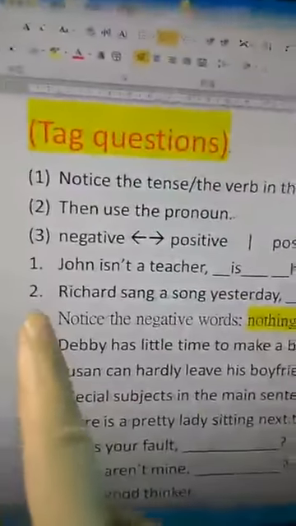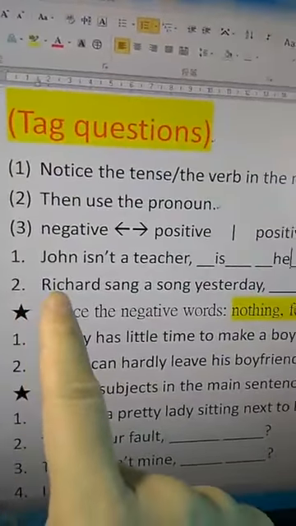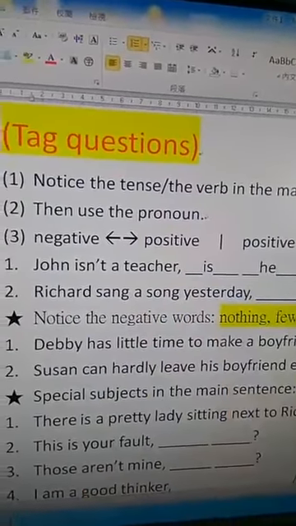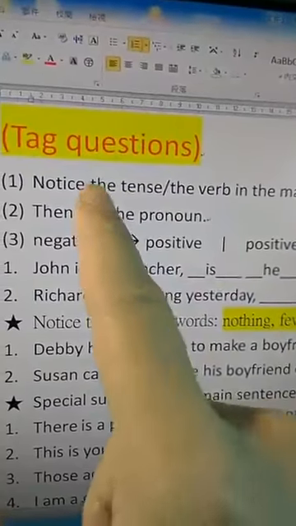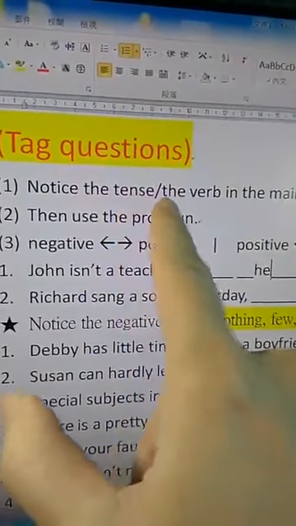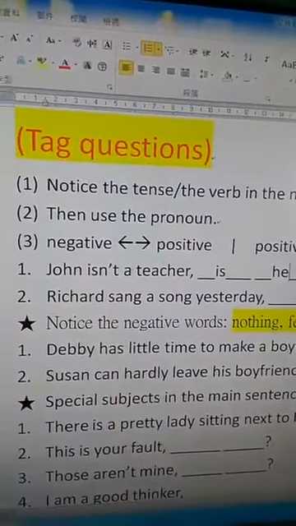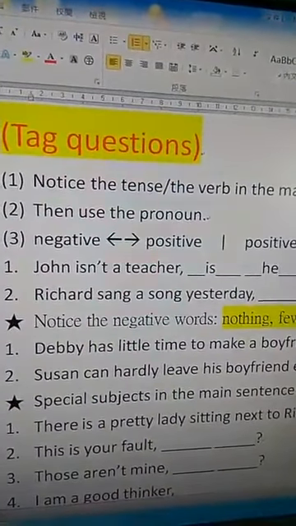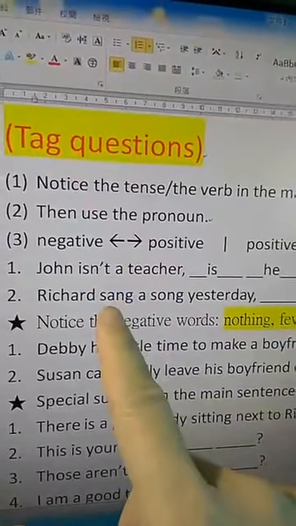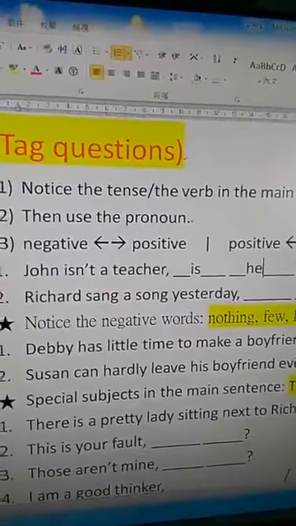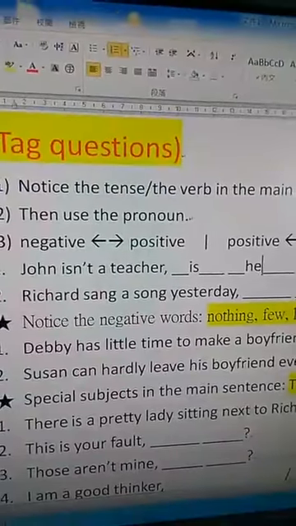So let's do sentence number 2. Richard sang the song yesterday. Okay, so pay attention to the tense and the verb. So the tense is what? You're right, the past tense. And how about the verb? Yeah, the verb is also the past tense, right? So in this case, we should use did, okay?